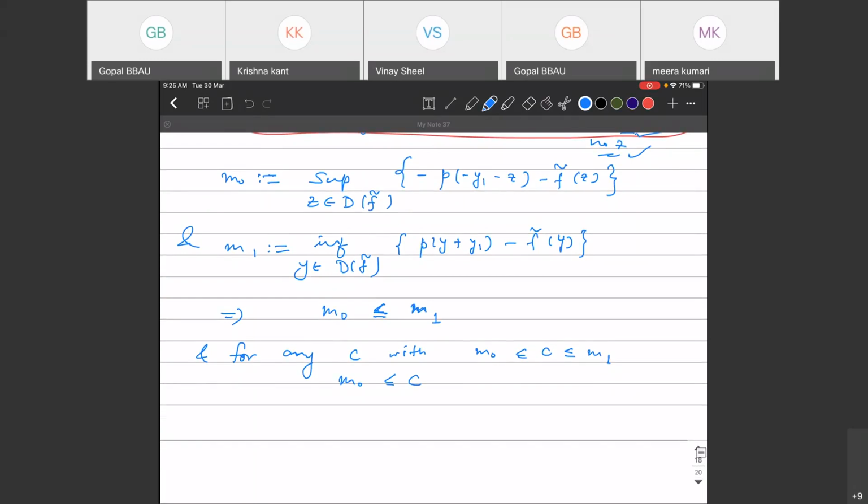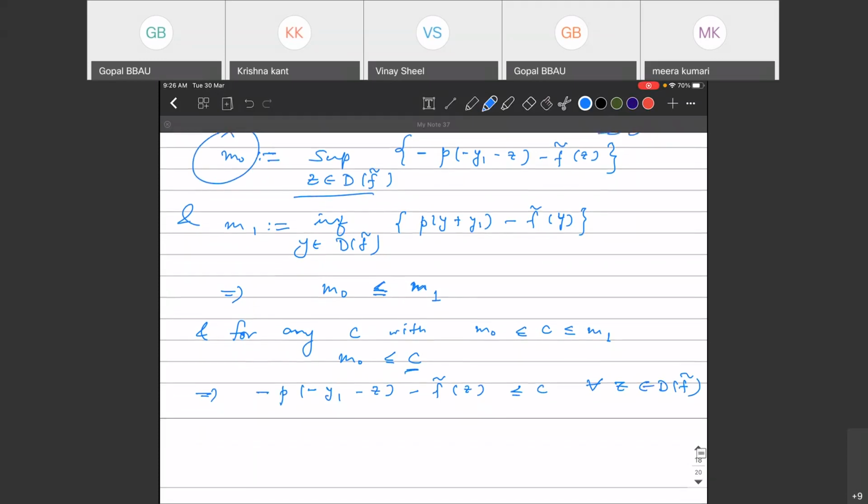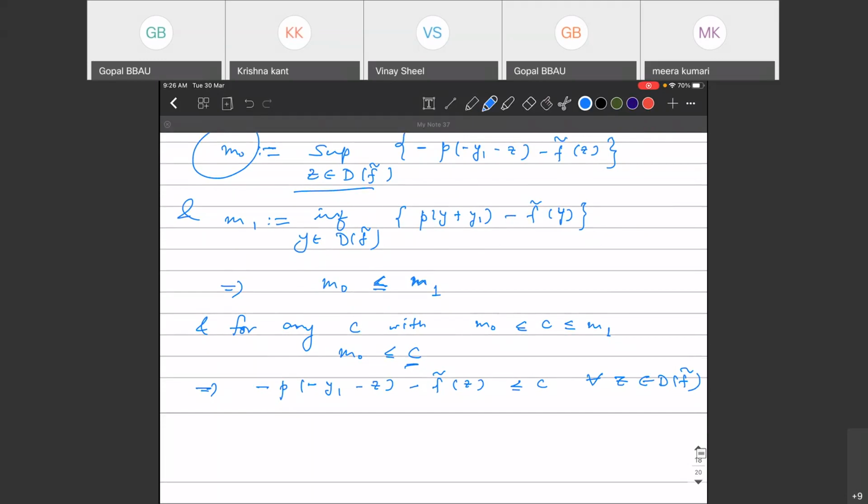M naught is supremum over all z of minus p minus y1 minus z minus f tilde z. So m naught is less than or equal to c. This implies minus p minus y1 minus z minus f tilde z is less than or equal to c, and this is true for all z in the domain of f tilde, because the supremum was less than or equal to c. So therefore it is true for all z.